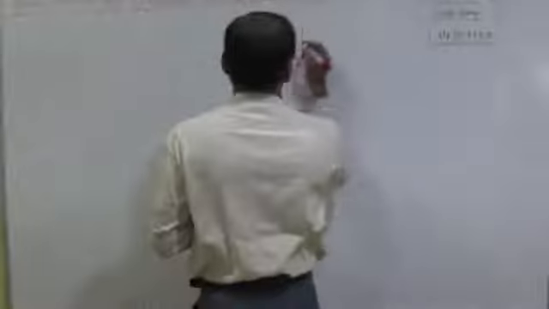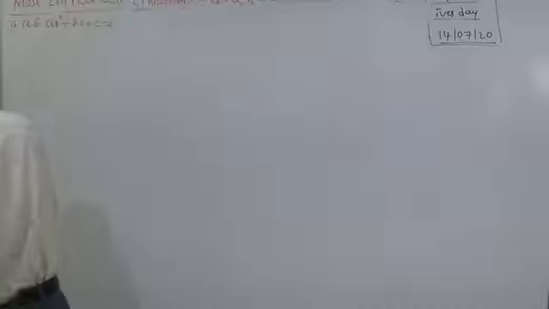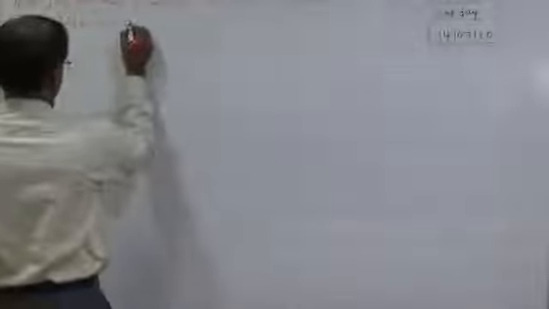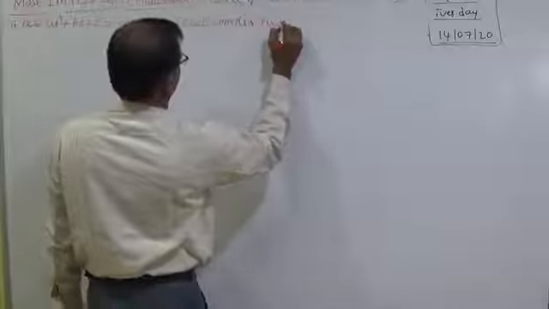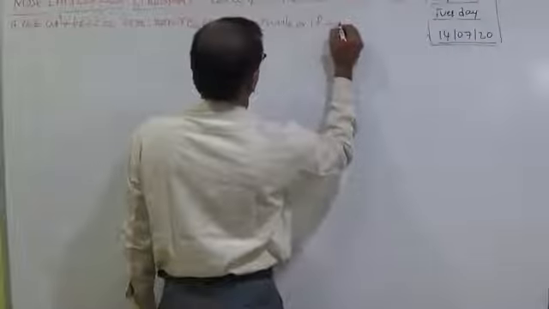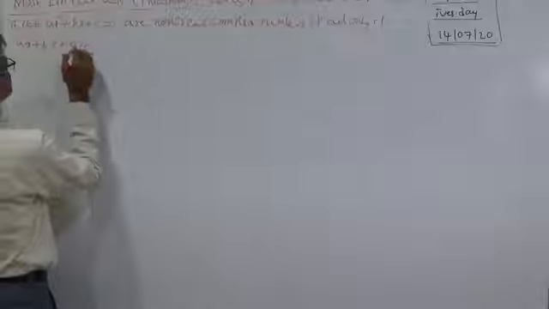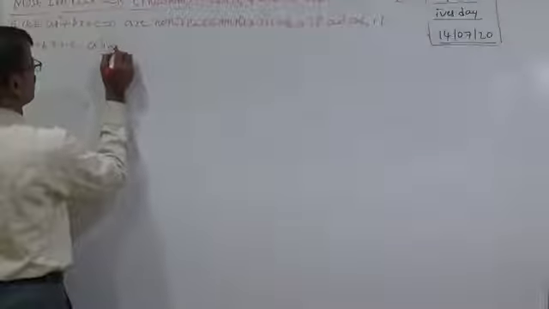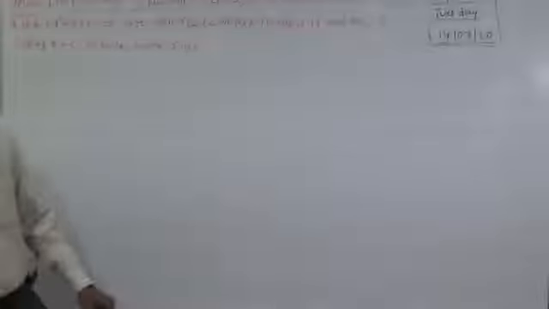The roots of a quadratic equation ax square plus bx plus c equal to 0 are real or non-real complex numbers if and only if ax square plus bx plus c and a have same sign for all x belongs to R.